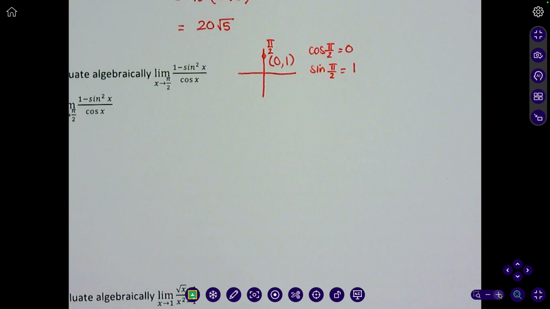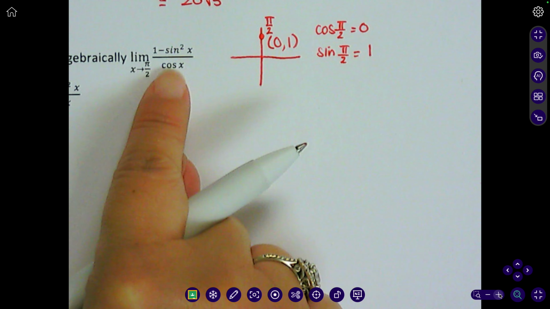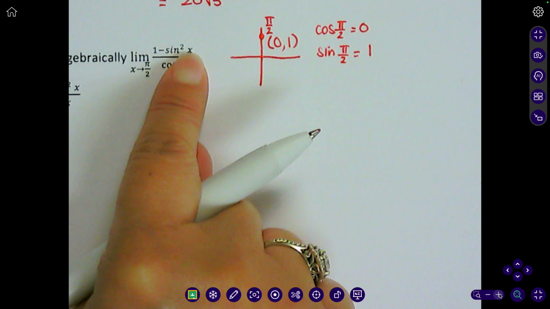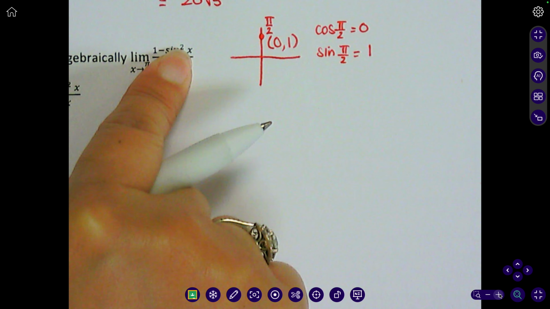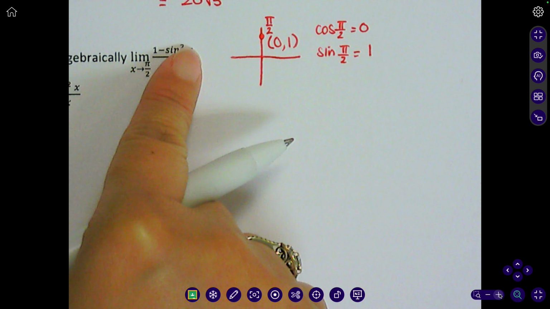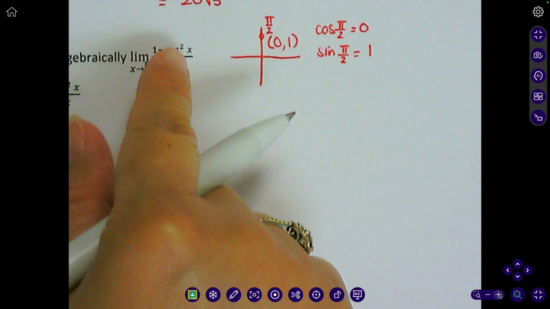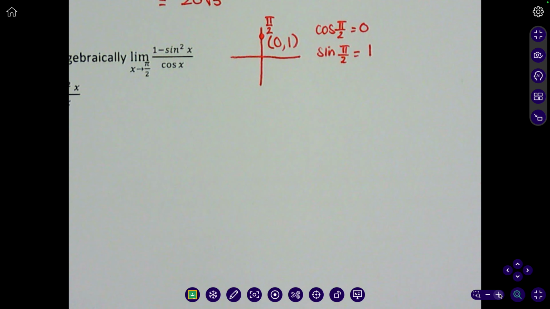So if I plug this in, cosine of pi over 2 is 0. Sine of pi over 2 is 1. Notice this is squared. 1 squared is still 1. So 1 minus 1 is 0 again. You guys see that? So you have a situation again, 0 over 0. So this is indeterminate form.